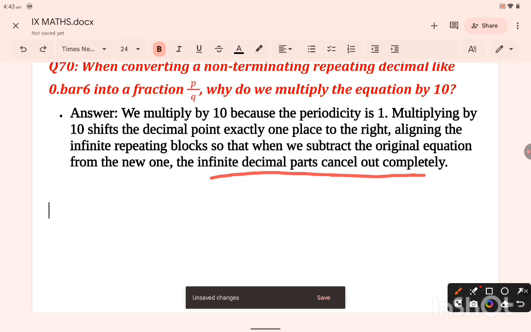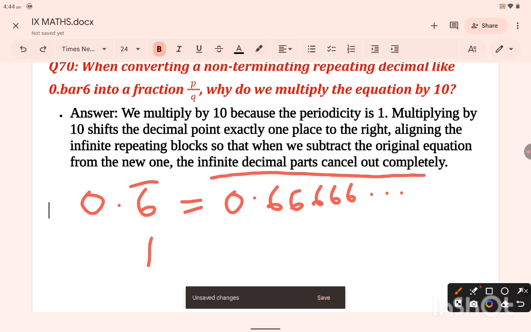What is the main reason here? Especially for cancelling the infinite decimal part. For example, 0.6 bar, this is equal to 0.66666 and so on. Now what is the periodicity here? 1. When the periodicity of a given non-terminating recurring decimal is 1, we can multiply by 10 on both sides.